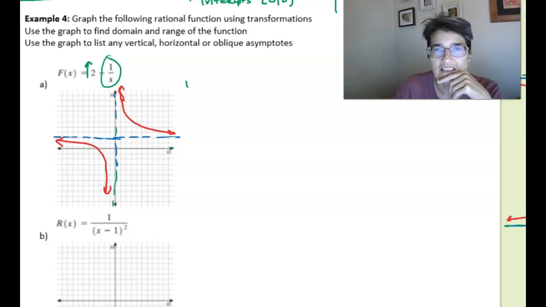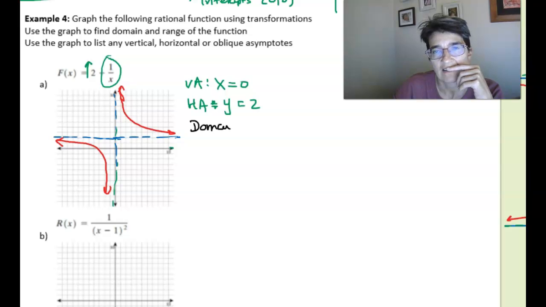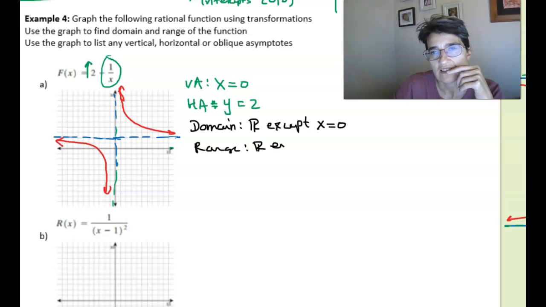So this has a vertical asymptote at x equals 0 and a horizontal asymptote here at y equals 2. The domain of this is all real numbers except for x equals 0, and the range is all real numbers except for y equals 2.